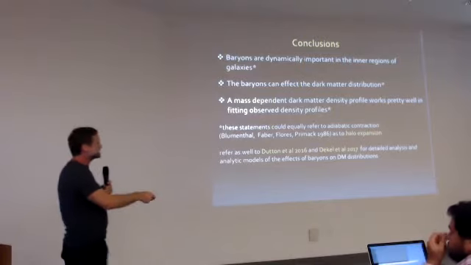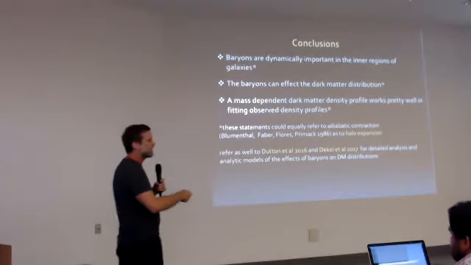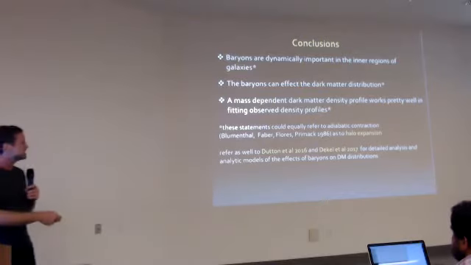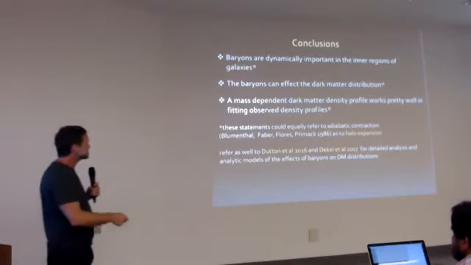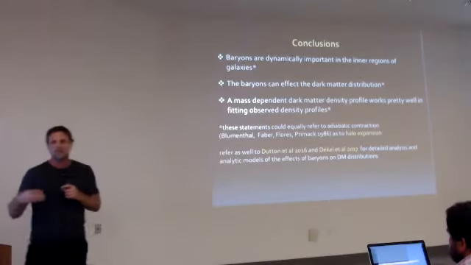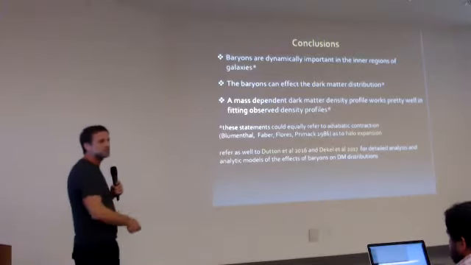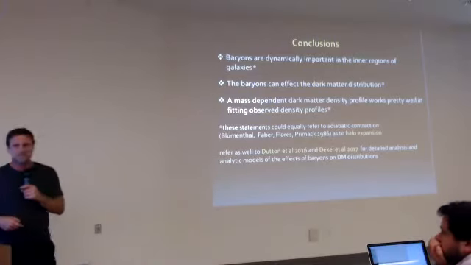But in this case, it's applying to lower mass halos, and the statements are applying to halo expansion rather than contraction. And I'd also like to refer you to Aaron Dutton's work and Avishai's work looking at more detail of the theory and the analytics of how this expansion works and what it means for modeling galaxy formation.